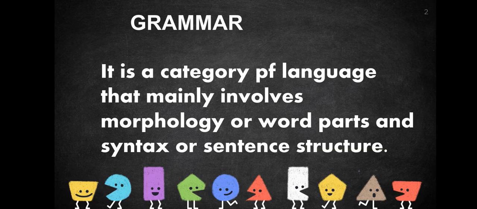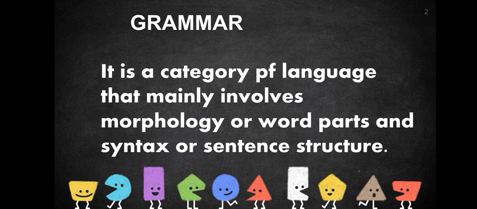So going back to explicit instruction, it has something to do with formal instruction. The idea is to have students consciously focus on and learn grammatical forms as well as their purpose in a sentence.